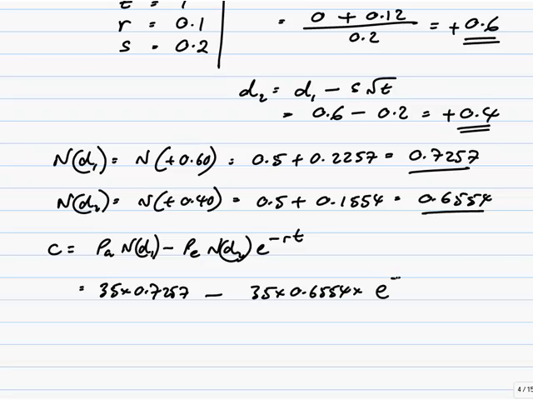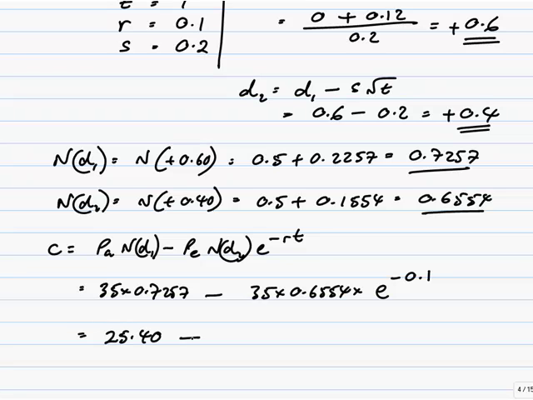Well, r was 0.1, t was 1, so RT is 0.1. First term, 35 times 0.7257 is 25.4.